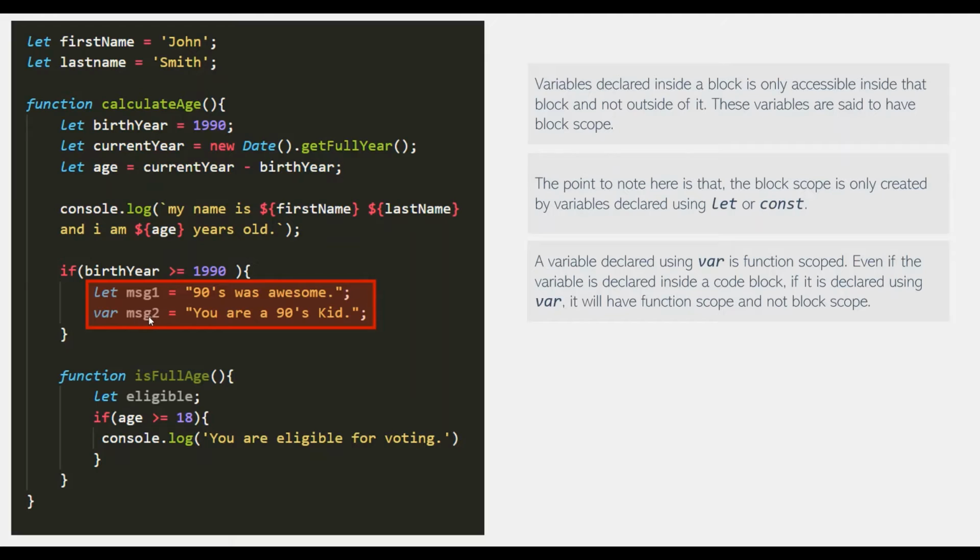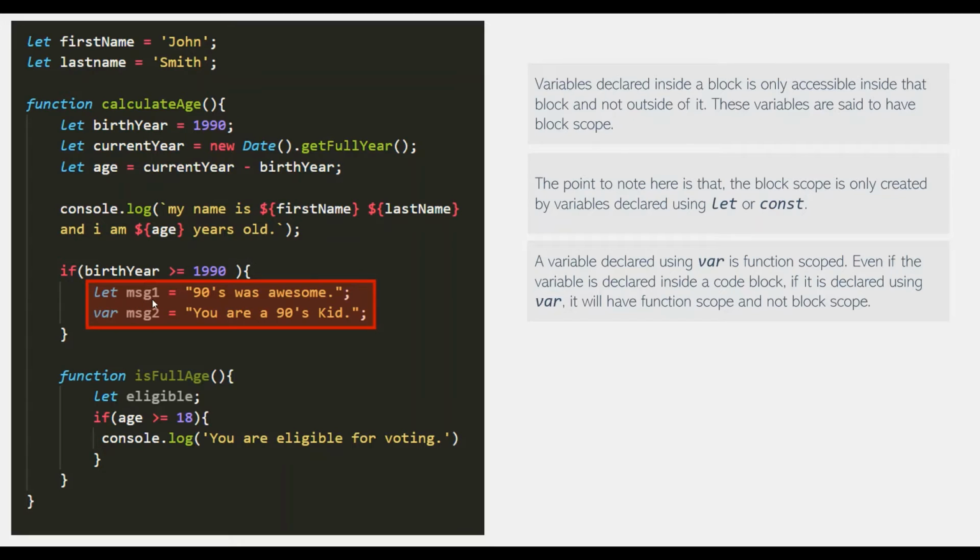So that means this message2 variable has function scope. It is local to this calculateAge function. That means this message2 variable can be accessed anywhere inside this calculateAge function because it has function scope. On the other hand, this message1 can only be accessed inside the block in which it is declared because it is created using the let keyword, so it has block scope.